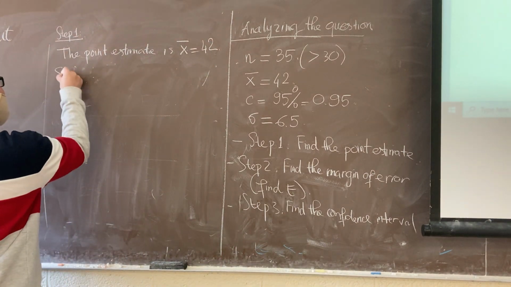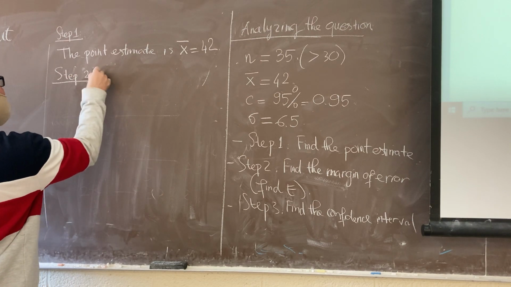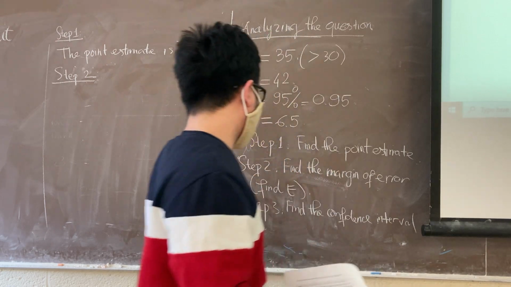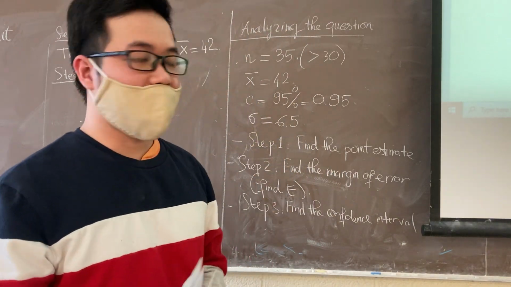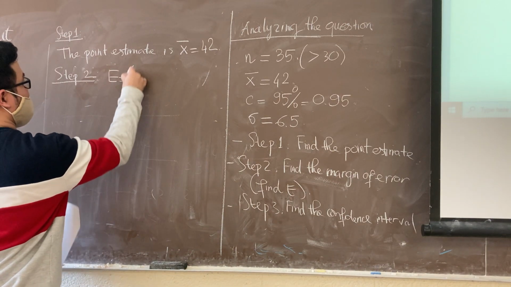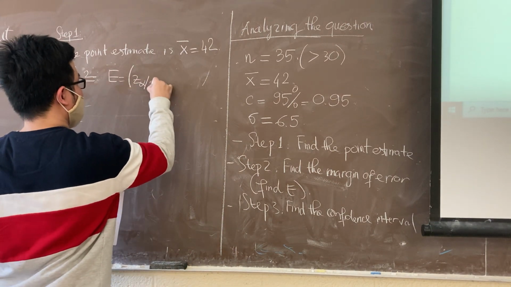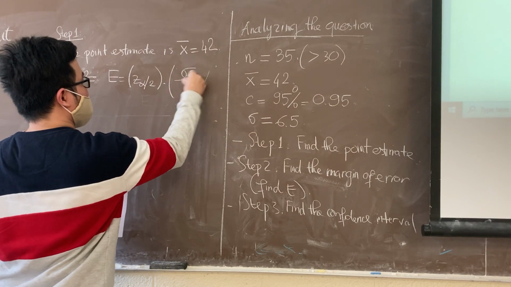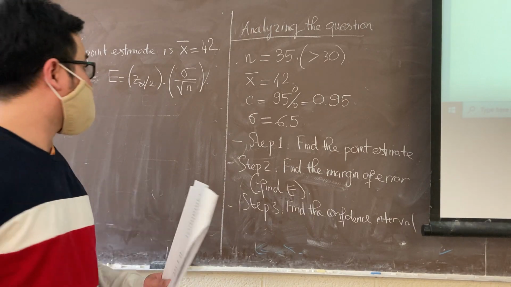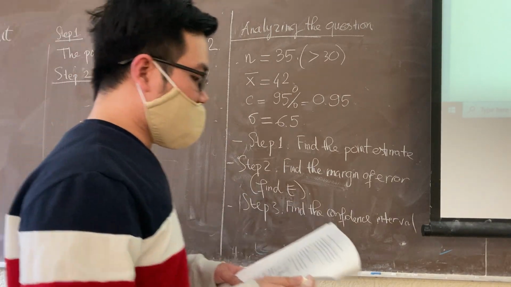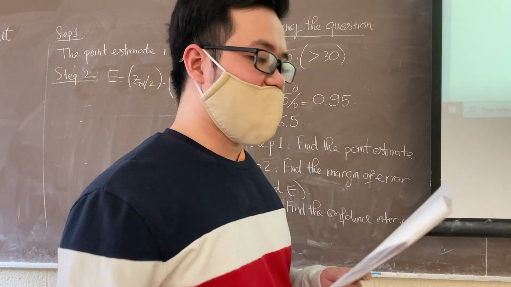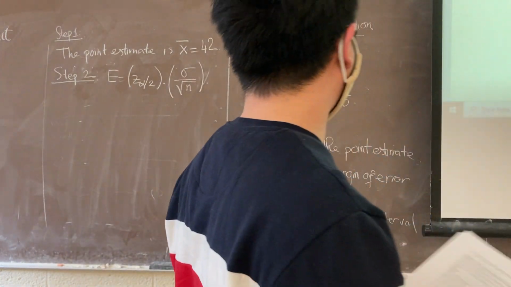That is step 1. Step 2, we need to find the margin of error, E. E is calculated by this formula. They give you the confidence level of 95%, that is 0.95.